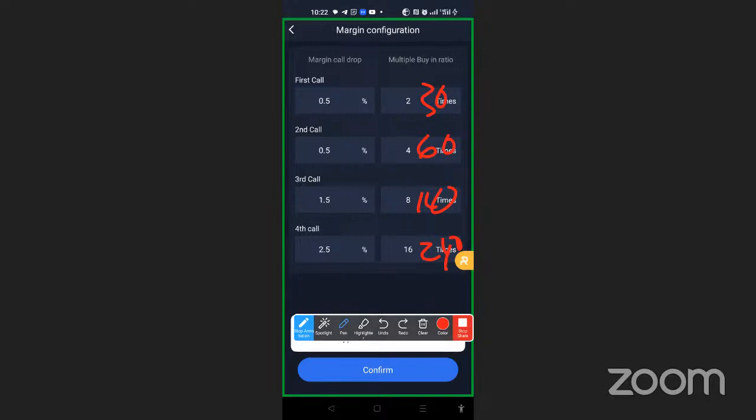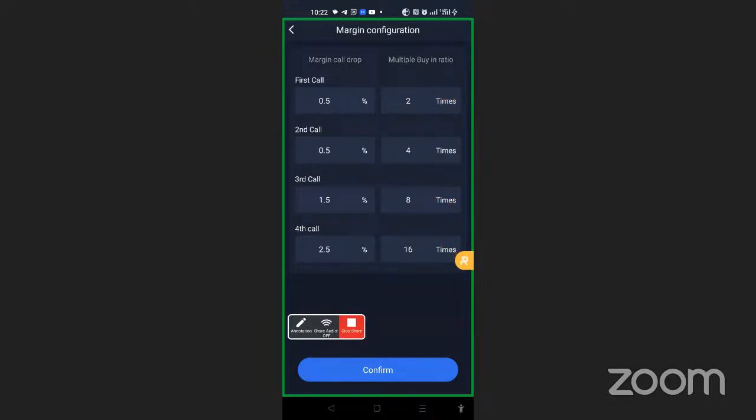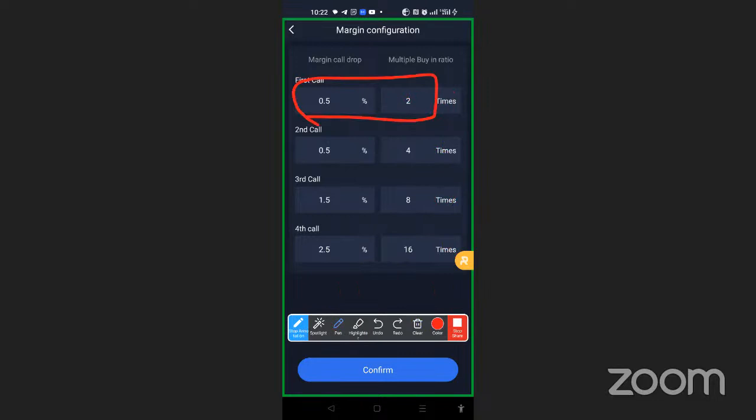Yes, if I use this formula, I must have the total of this capital, which is around $465 in my USDT. If I don't have it, then I don't need to use this formula. I may not have all that money, and I only set up this one. So I say, maybe I have only $45.